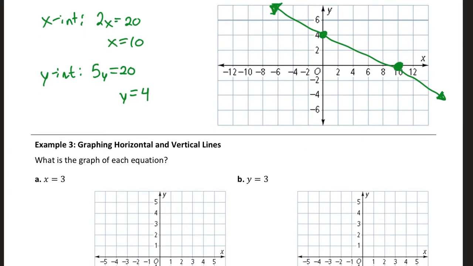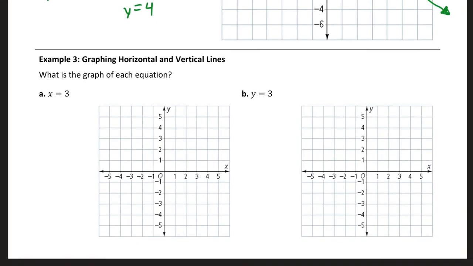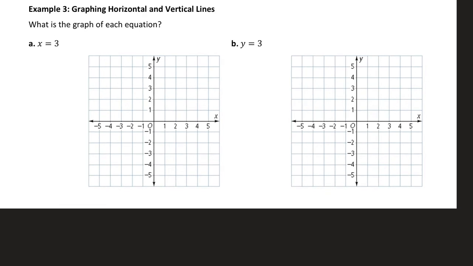For example 3, I'm asking you to graph equations that are just x equals or just y equals. So it's about understanding what you're actually given. For x equals 3, you are given an x-intercept of 3.